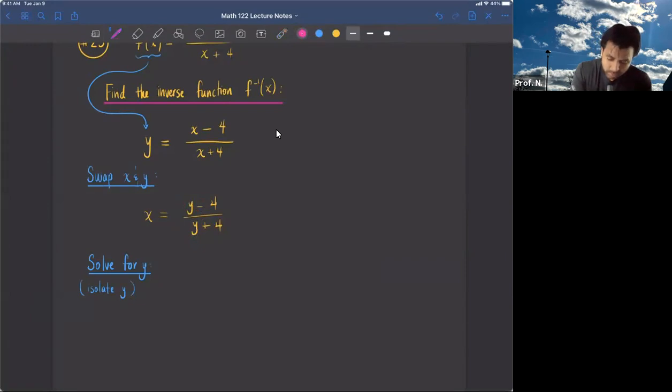Well, I'm going to multiply both sides by y plus 4. Now, why is it that I'm going to do that? If I multiply by y plus 4, the y plus 4's here cancel out and become 1, right? They cancel out. And what's on the left side? It's going to be y plus 4 multiplied by x, and this equals y minus 4.